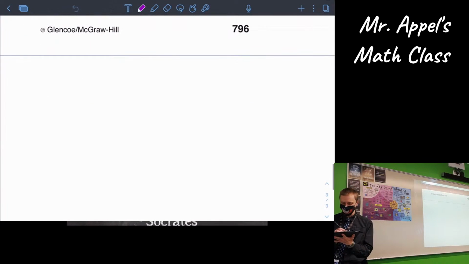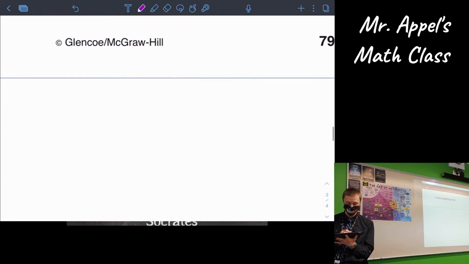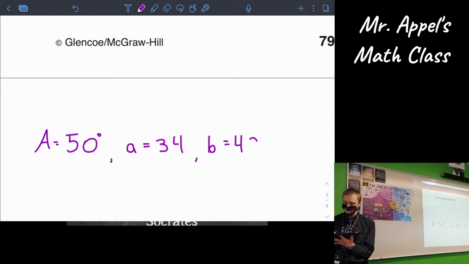Okay, that guy said we had A equals 50 degrees. Little a is 34, and little b is 40.